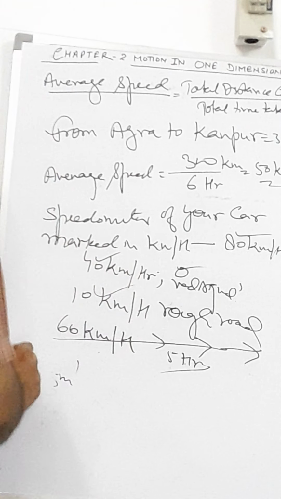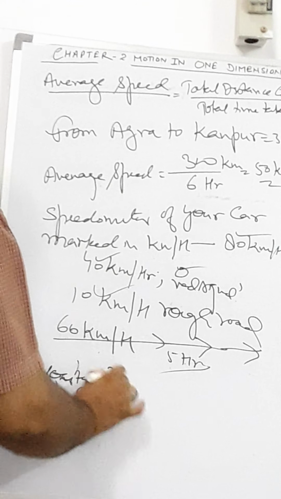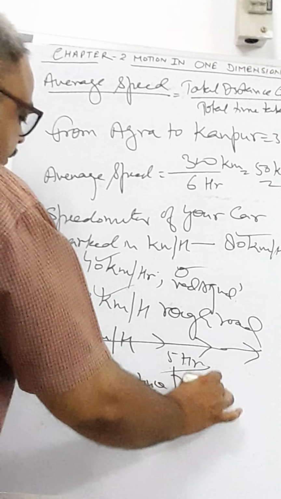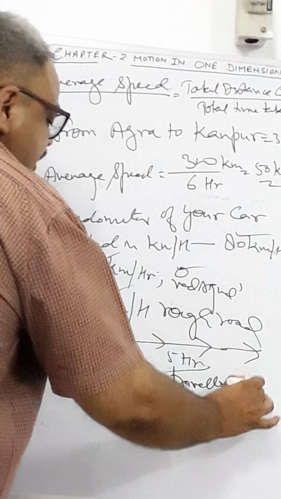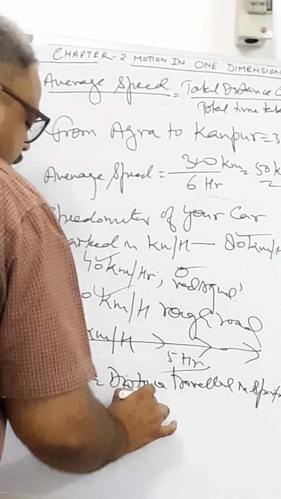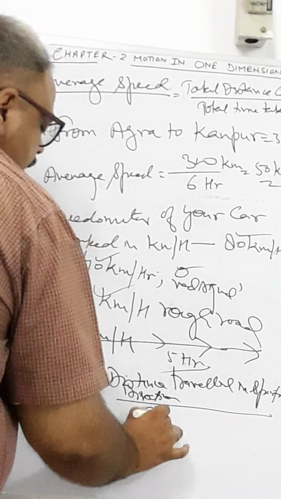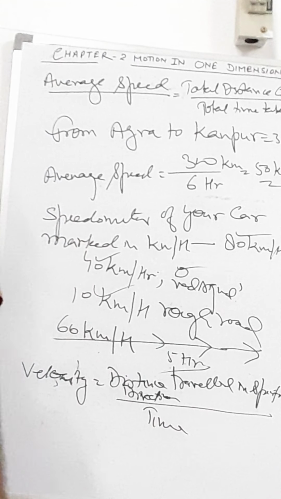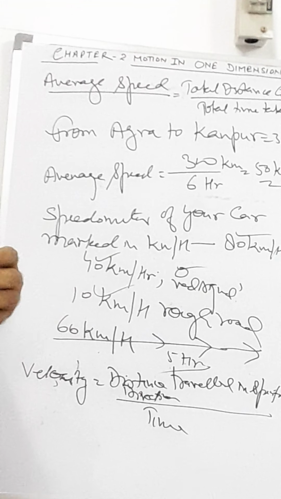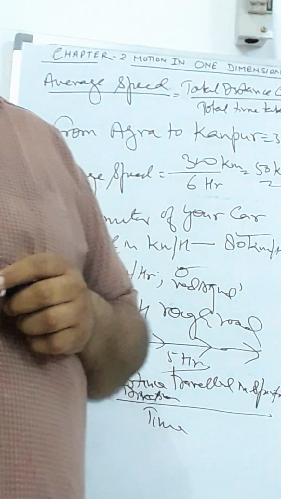Distance travelled in a specified direction upon time. We should have a direction, then it is said to be velocity. Units will be the same: kilometer per hour or meter per second.